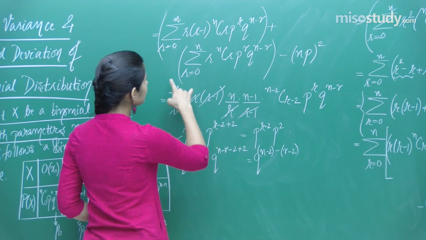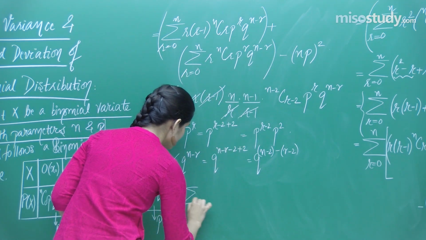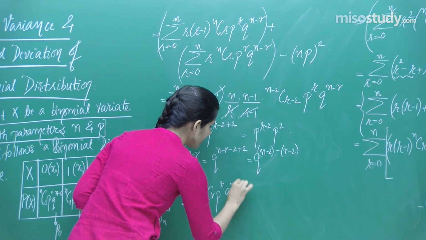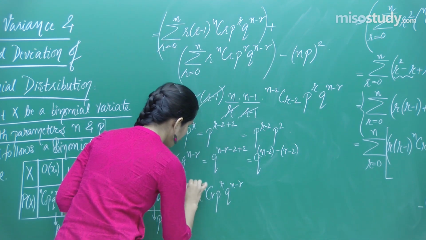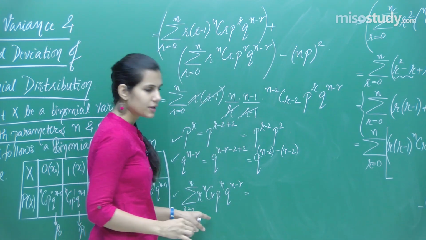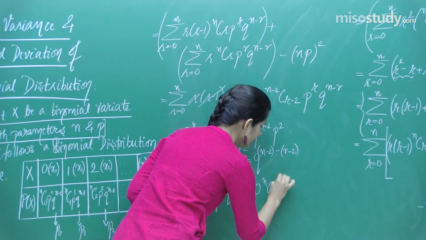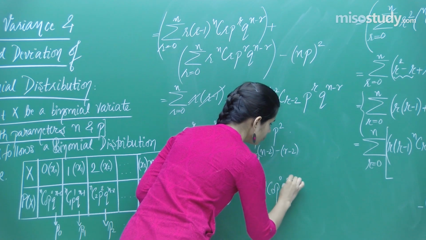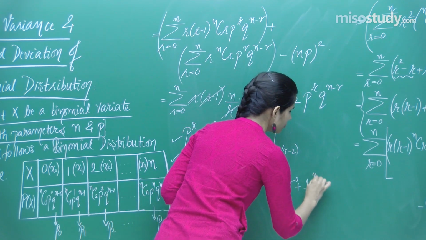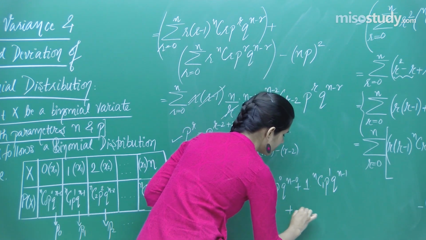Moreover, what is this particular summation? Summation r into nCr p to the power r q to the power n minus r. I had just told you in the previous case, if you open this up, you will get for r equals 0, 0 into nC0 p to the power 0 q to the power n minus 0. For r equals 1, you will get 1 into nC1 p to the power 1 q to the power n minus 1, plus and so on.